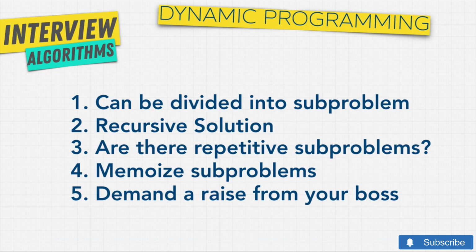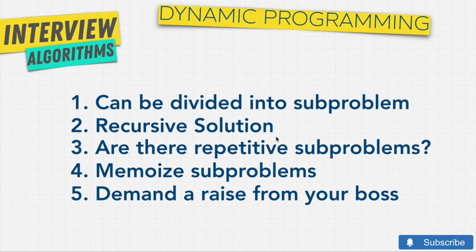And these are the steps that I like to follow to see if a problem can use dynamic programming to optimize it. We first ask, can the problem be divided into subproblems? That is, is it a tree-like structure where each problem is broken down into smaller problems, into smaller problems, which usually indicates a recursive solution? Again, something that we're very familiar with from our previous videos.